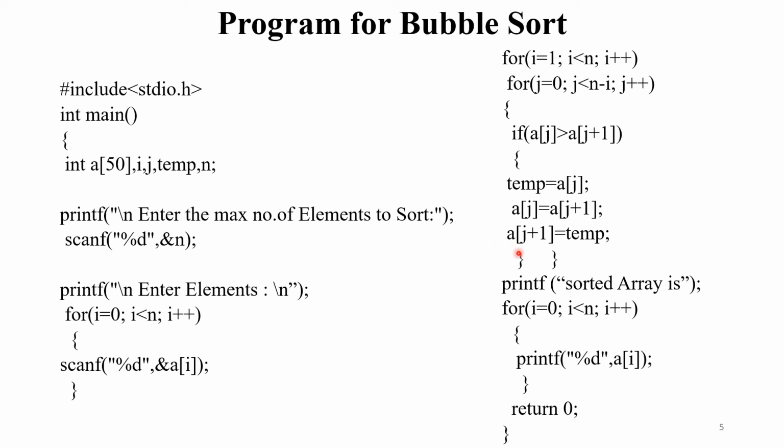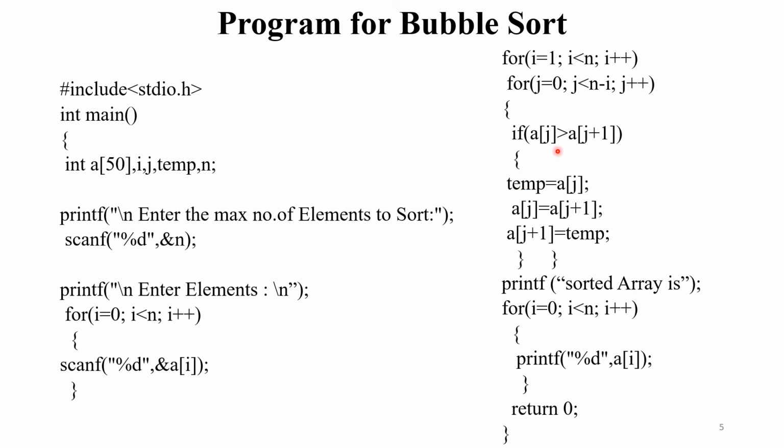For swapping, we use a third variable, that is temp. We first store our first value, that is a of j, in temp. Then a of j is empty.